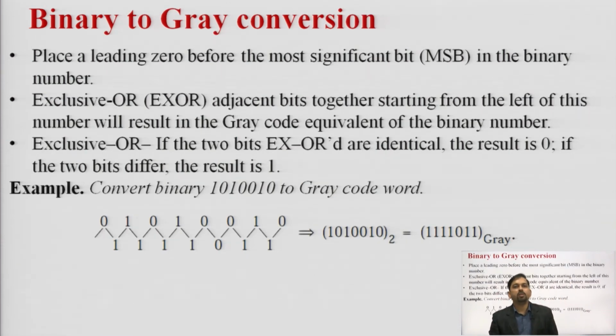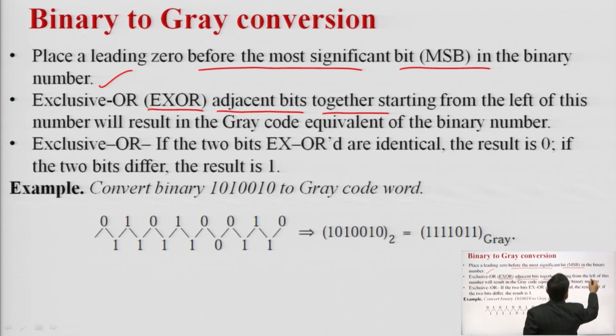After that, we have the gray codes. Let's see how we can convert a binary number into a gray code. The first step is placing a leading 0 before the most significant bit in the binary number. After that, XOR adjacent bits together, starting from the left.